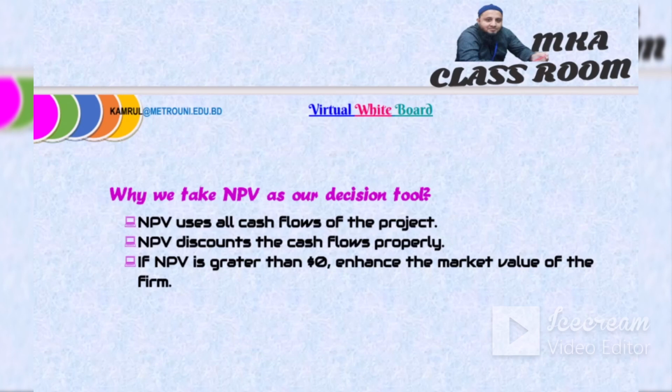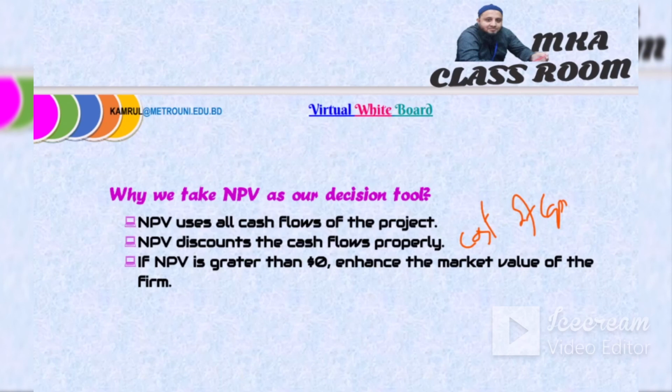They are discounted by the cost of capital. And if NPV is greater than 0, then it enhances the market value of the firm.